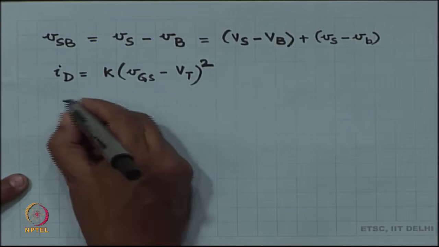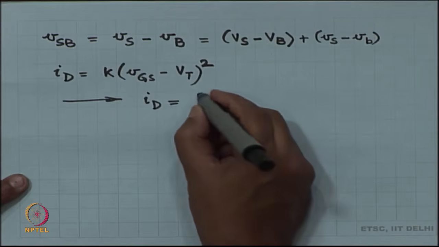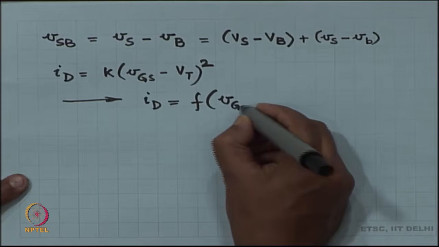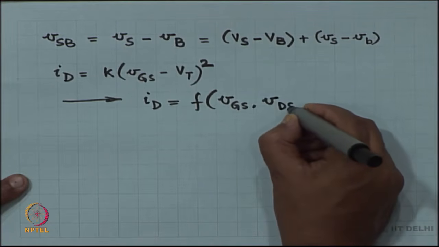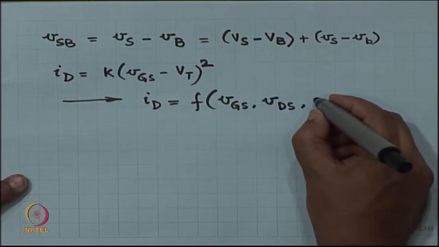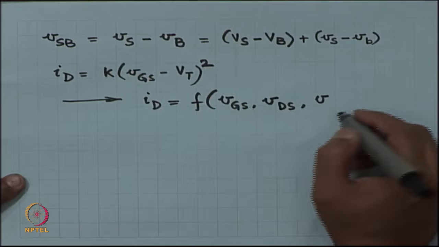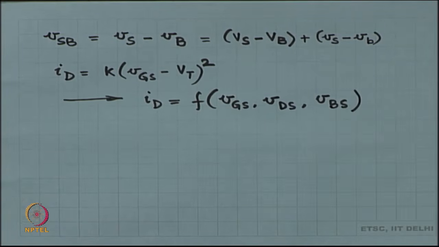So, therefore, Id is not a function of just Vgs and Vds, it is a function of Vgs, Vds and Vsb or Vbs, right, it is all the same thing.